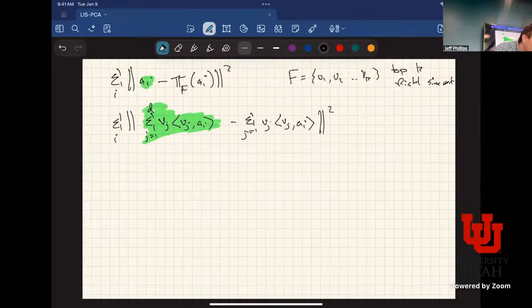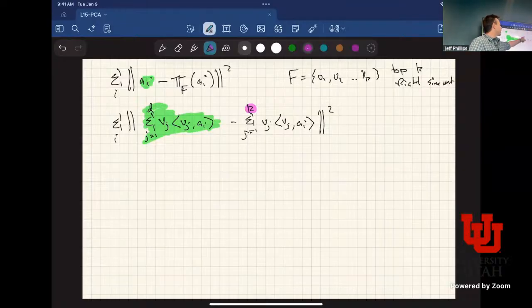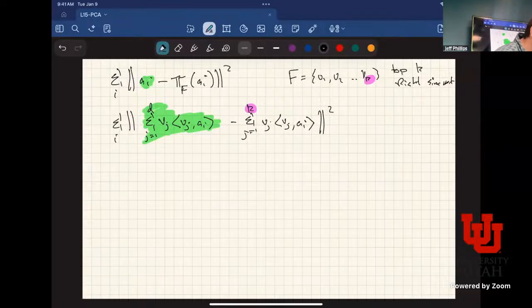What's different here is that in the projection, I'm only using the top k of these, because I'm only using the top k of these subspaces. And so I'm using the top k of them instead to write the projected version of a_i. Now if I write this, a lot of these terms cancel because I'm summing over the same subspaces here.